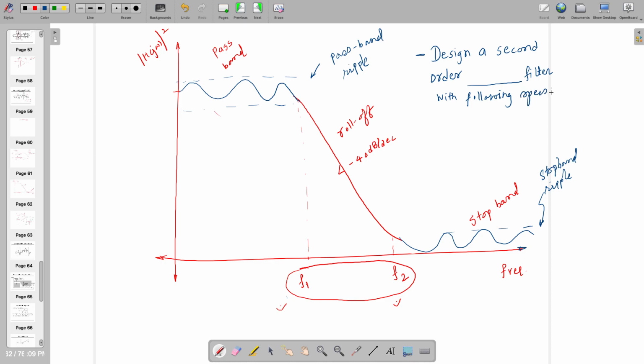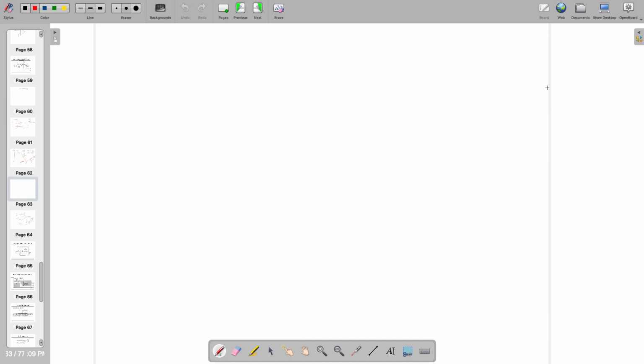Those specs might be passband ripple, stopband ripple, f1, f2, roll off, right? And this blank you can fill with the following words. One is called Butterworth, one is called Chebyshev, and one is called elliptic.